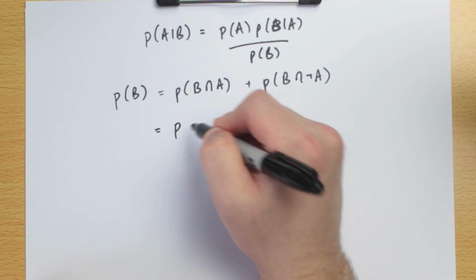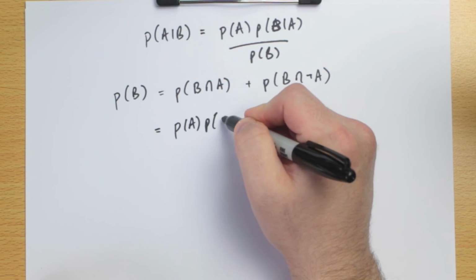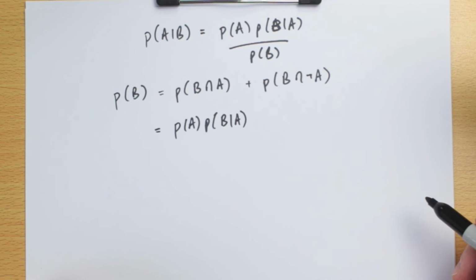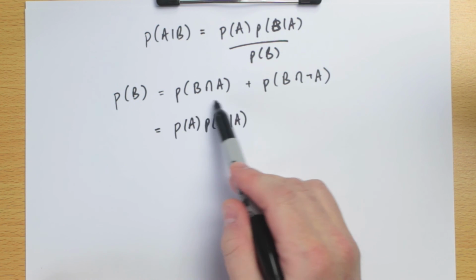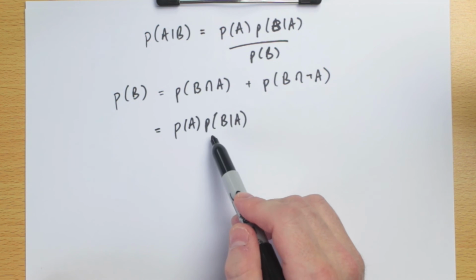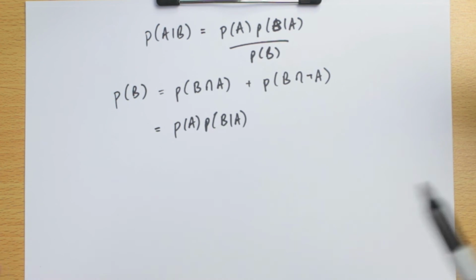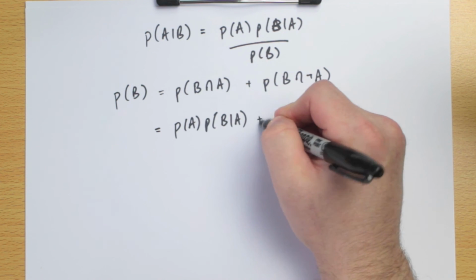For instance, I could say it's the probability of A multiplied by the probability of B conditional on A, okay? And there are other ways I could have written that as well, okay? I could have written probability of B multiplied by the probability of A conditional on B, okay? So knowing that you can write these things in different ways using that general multiplication rule could be very useful.